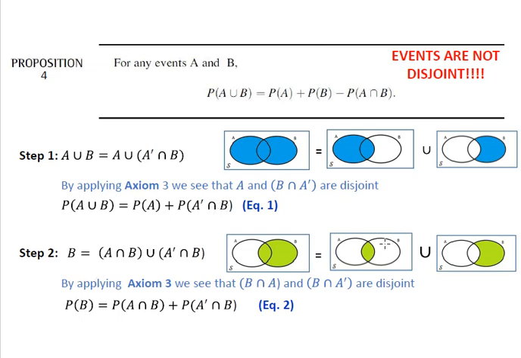So again, because they are disjoint, we can write that the probability of the union of two disjoint events is the probability of the first one plus the probability of the second one.